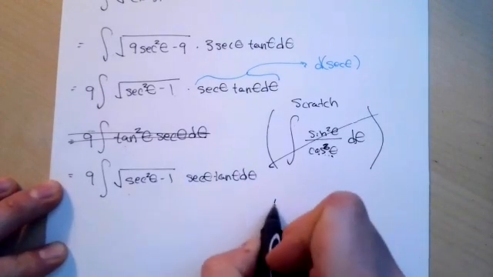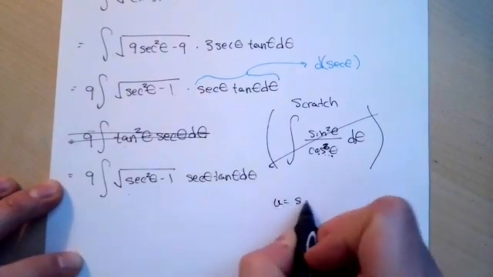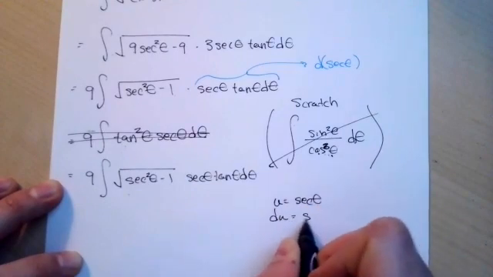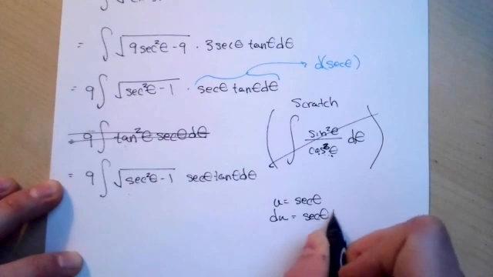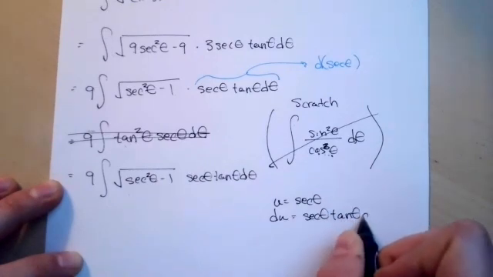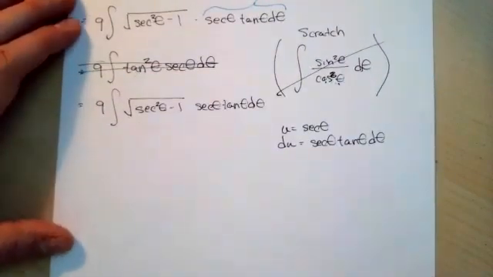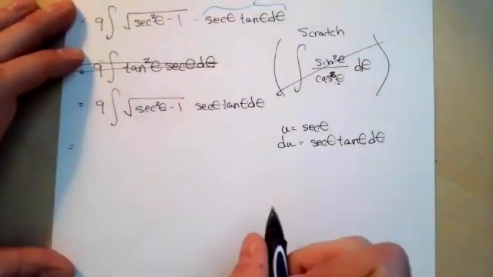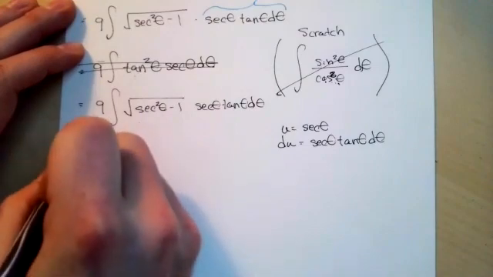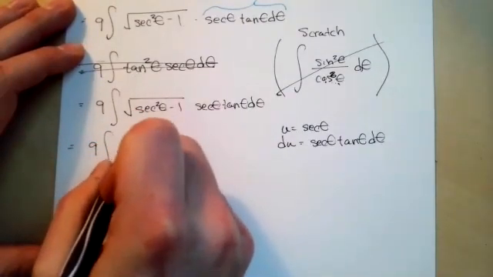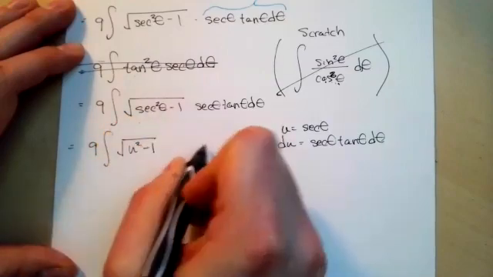And let's go ahead and make our u sub now as secant of theta. And when we do that, we have 9 times the square root of u squared minus 1 du.